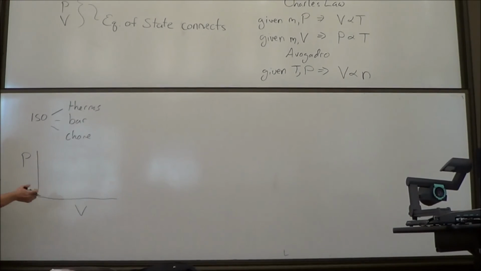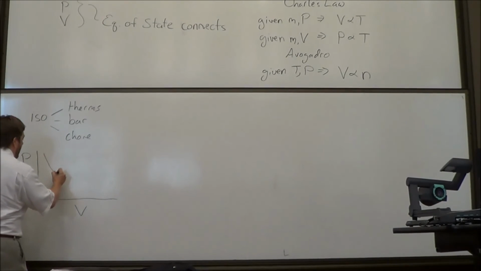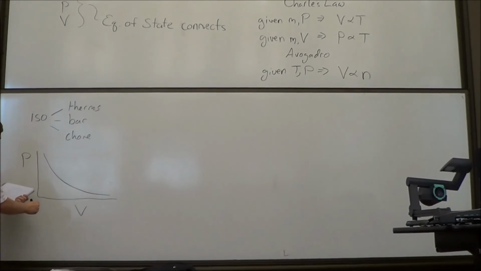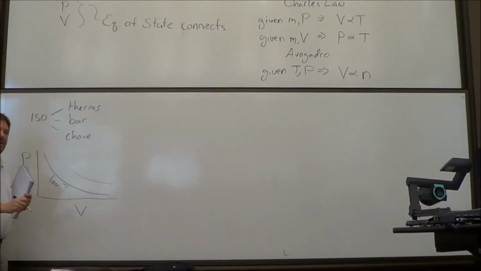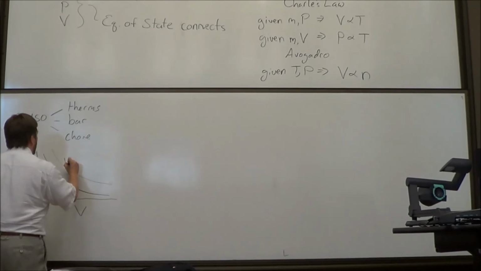Isotherm means that there's one temperature, and that means I am only left with two other variables, which is volume and pressure. And of course, this would be a low temperature. And you can imagine I've done this on the test. I draw this. Is this a higher or lower temperature? Higher, and you can tell because it's at higher pressure.